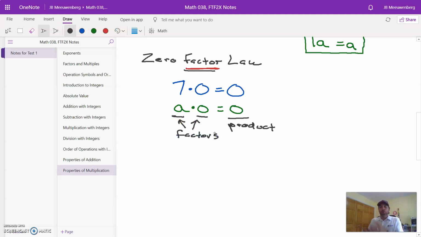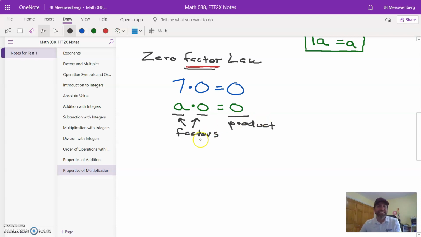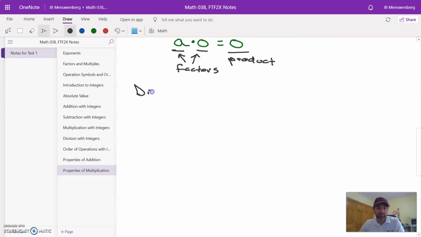Okay? And that leads us to the final part of this conversation, which is division with 0. So, you can have division with 0 appear in a couple different ways.